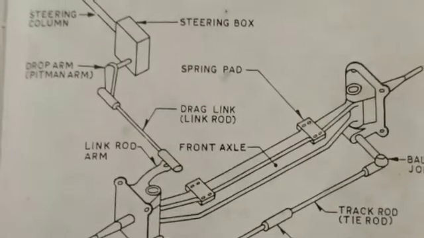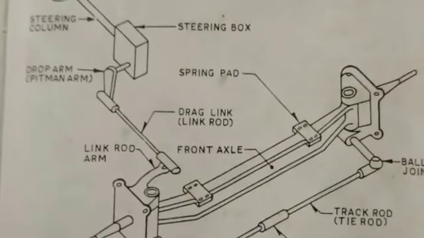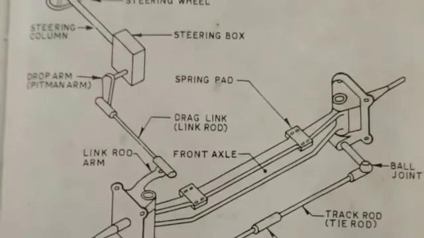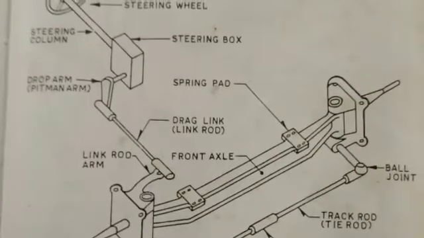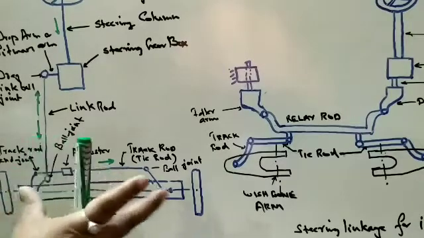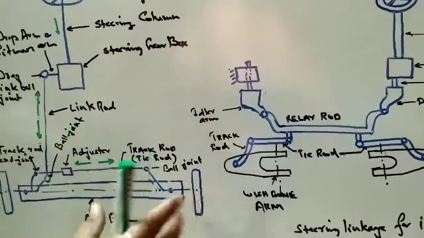An adjuster is also provided in the track rod, as you can see in the figure, to change its length for adjusting the wheel alignment. So you can change the length of the track rod for wheel alignment.